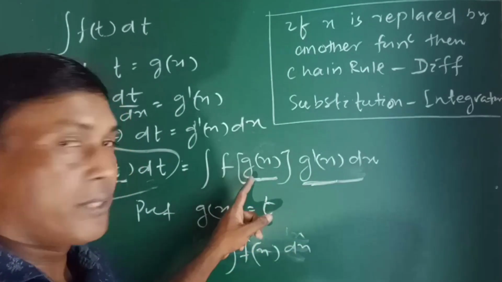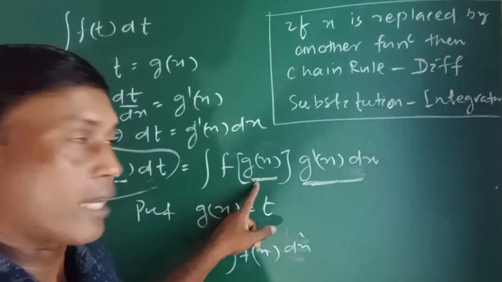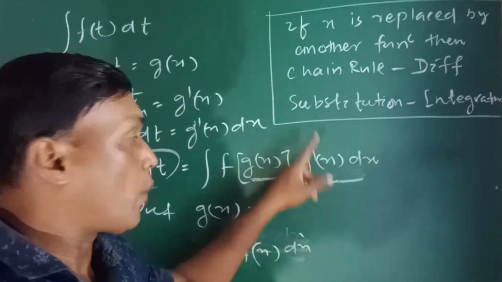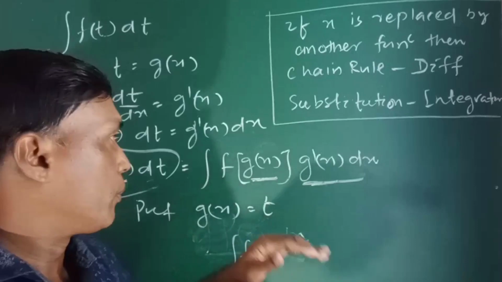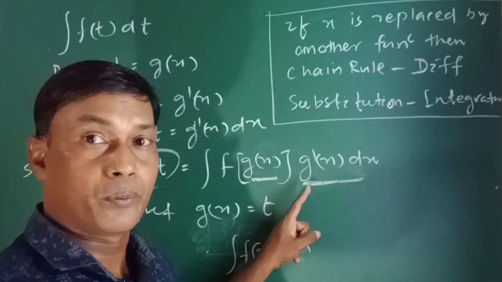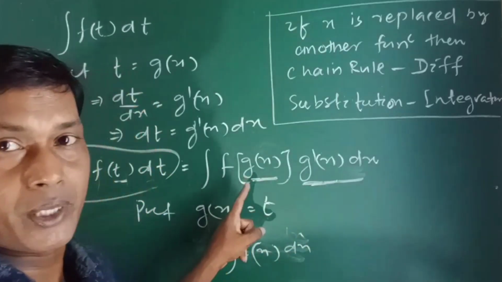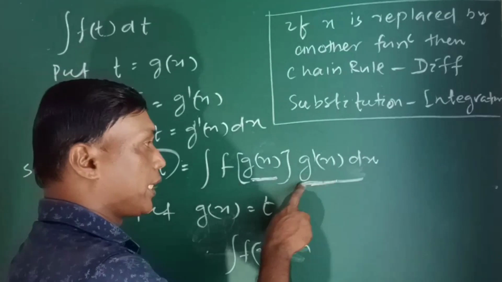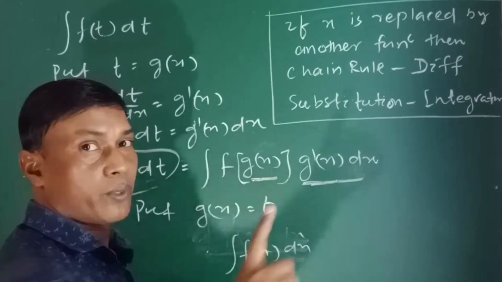That means if you want to substitute g of x, then there must be into g dash x, not 1 by g dash x. So the derivative of that function must be multiplied to the function you want to substitute. Unless and until you get g dash x, the derivative of g of x, with it, you can't substitute g of x.